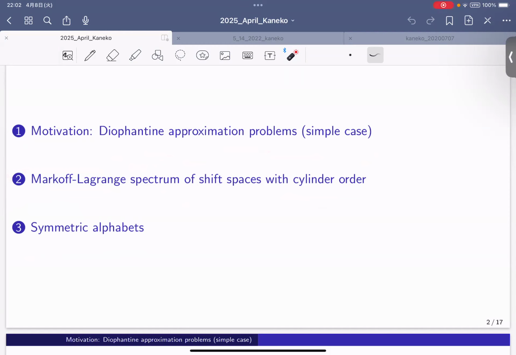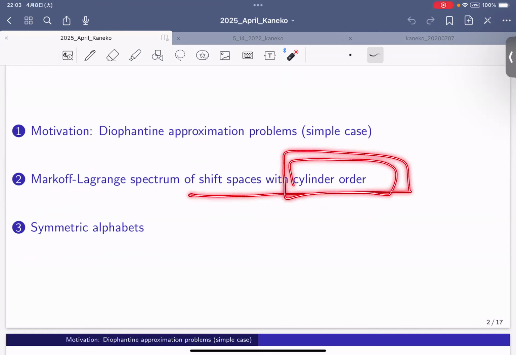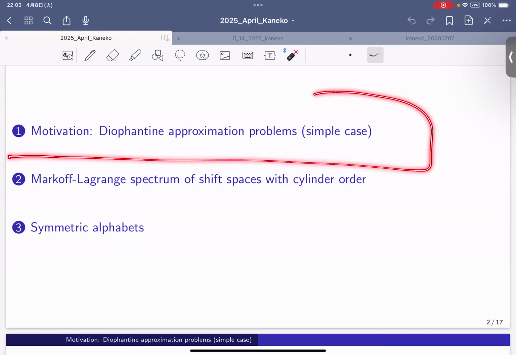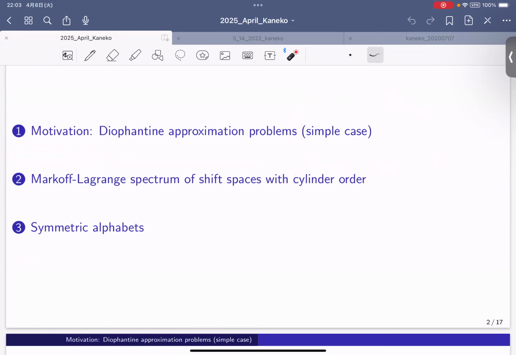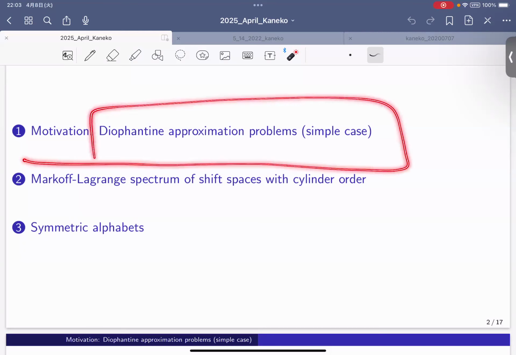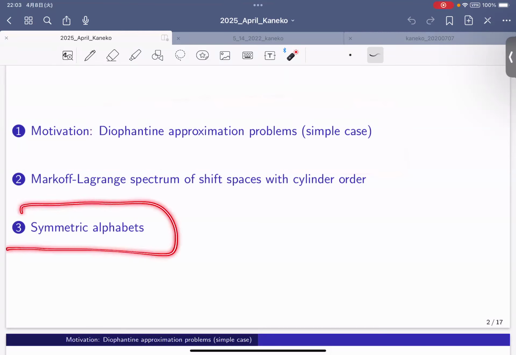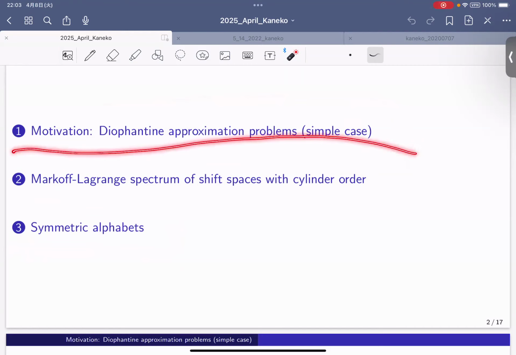Yes. In the next section, I would like to talk about a generalization to shift spaces with general order. In section 1, I would like to talk only about lexicographical order. For considering the original motivations, we need to consider symmetric alphabets. Anyway, I would like to talk from the beginning, the motivation.